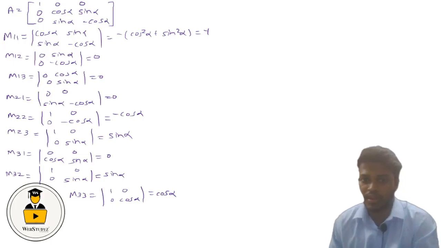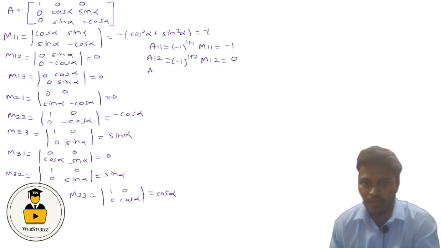Now we can calculate the elements of the cofactor matrix. A11 is given by minus 1 raised to 1 plus 1 into M11. M11 is minus 1, so 1 into minus 1 will be minus 1. Then A12 will be minus 1 raised to 1 plus 2 into M12. M12 is 0, so this will be 0.